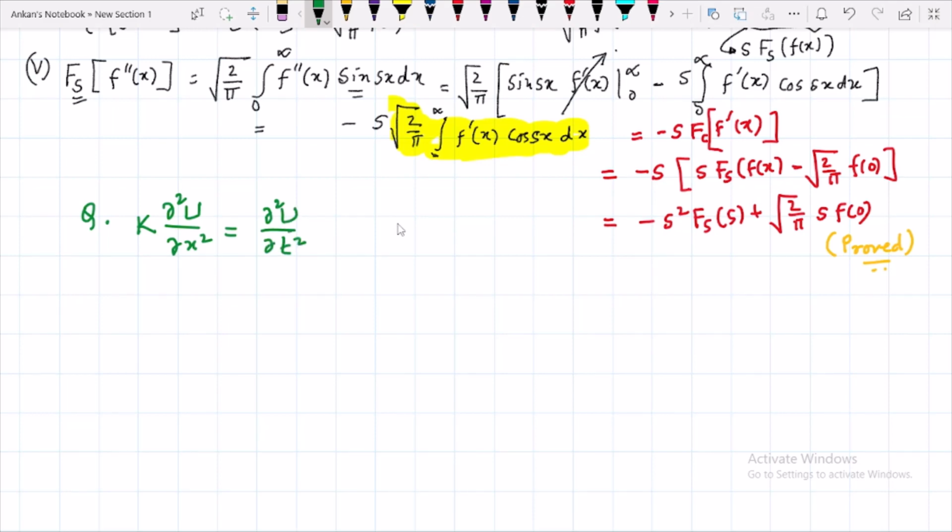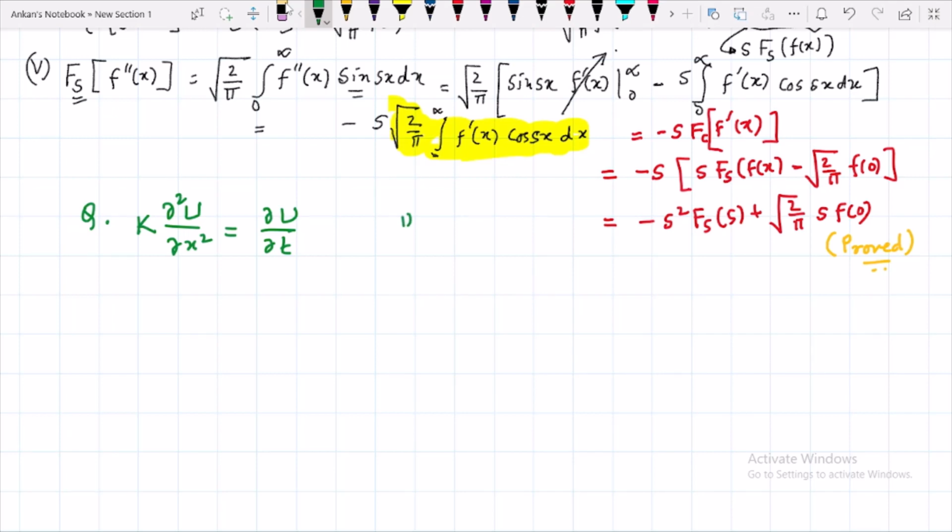Sorry, I want to solve first the heat equation. The heat equation contains the first order derivative of u with respect to time, and the second order derivative of u with respect to x.